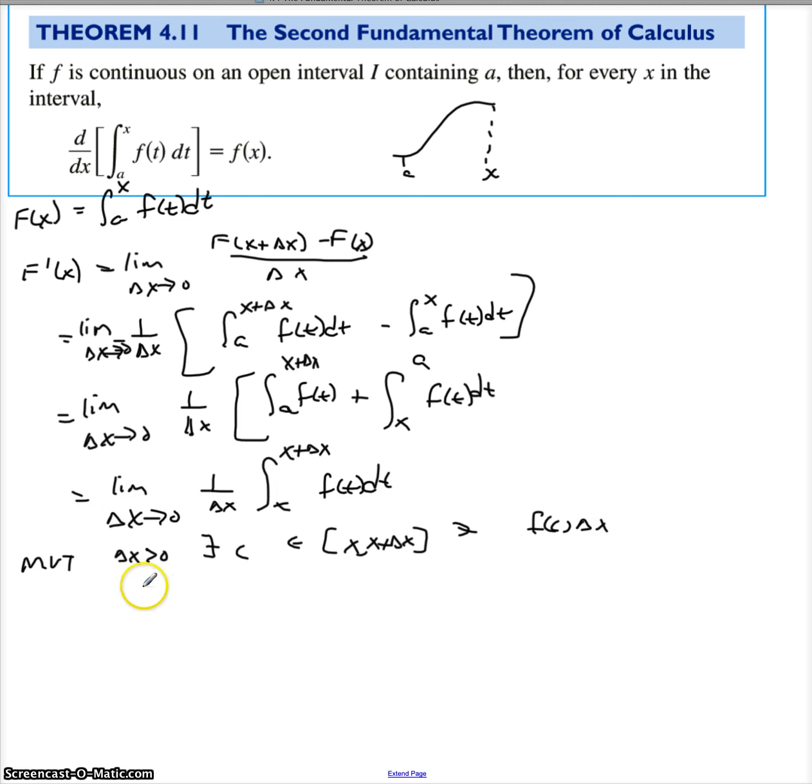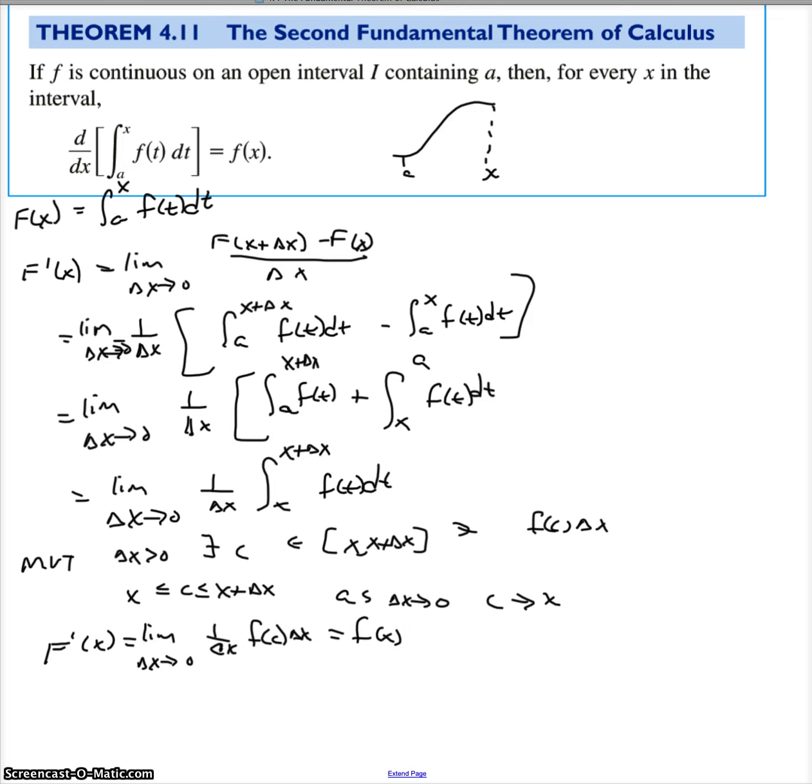Now, since I also know that x is less than or equal to c, and that's less than or equal to x plus delta x, it's very clear that as delta x goes to 0, c goes to x. So let me rewrite this. F prime of x is the limit as delta x approaches 0 of 1 over delta x times f of c times delta x. Oh my goodness, so this just does cancel. So this becomes just f at x.